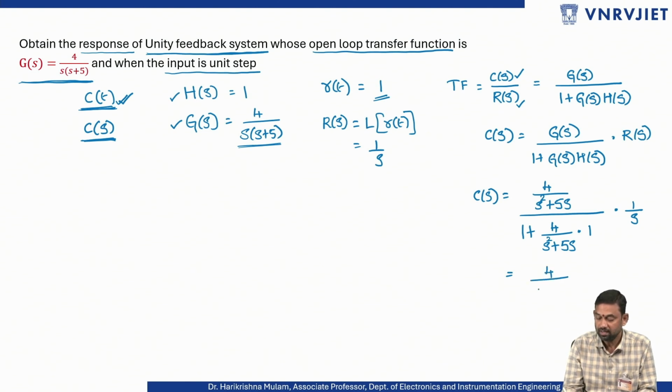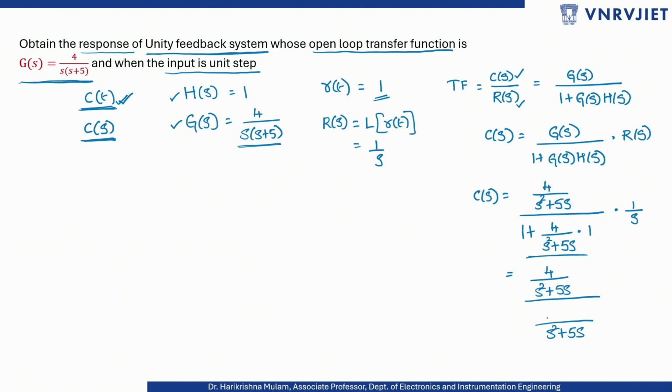That is equal to 4 / (s² + 5s), divided by, if you consider the denominator here, the denominator of the denominator is s² + 5s, whereas the numerator of the denominator becomes s² + 5s + 4.